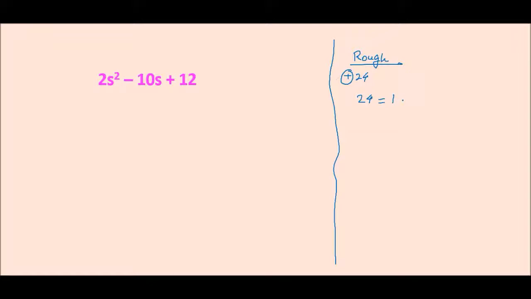We will be starting from 1. 1 times 24 is 24, but we do not get a minus 10 with these two factors. So since 24 is an even number, it is divisible by 2, and we get 2 times 12 is 24. And also 12 minus 2 is 10. So can we take these two factors? Plus 12 and minus 2 is a plus 10.